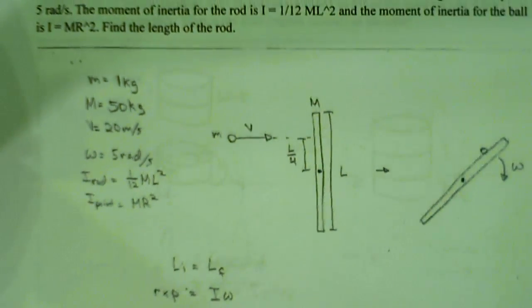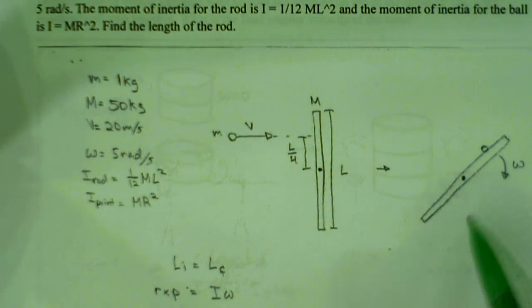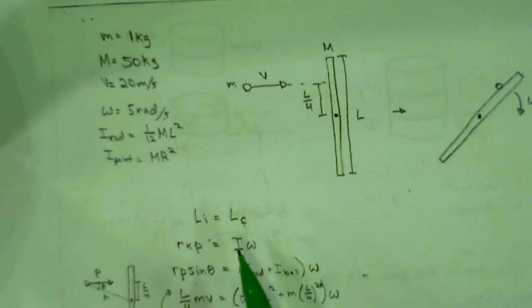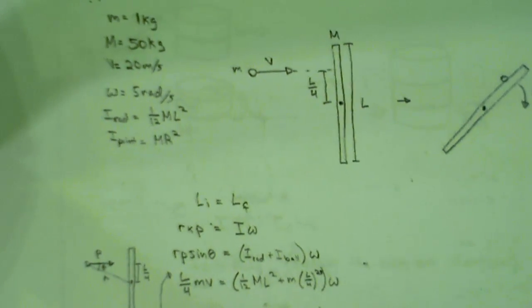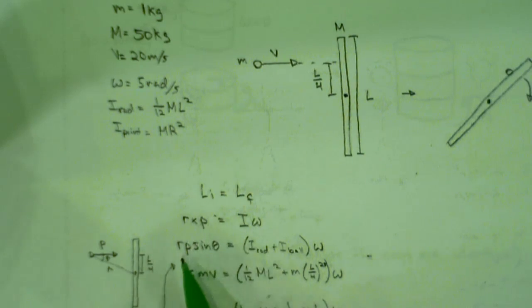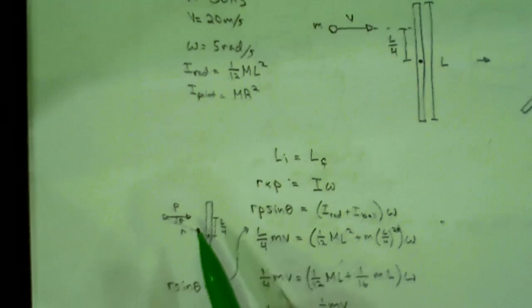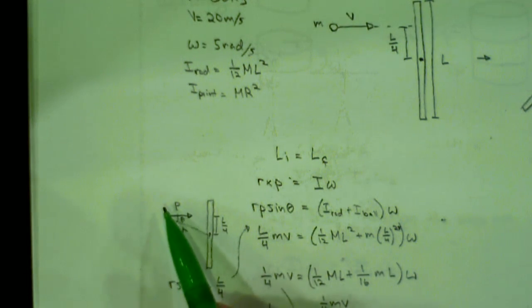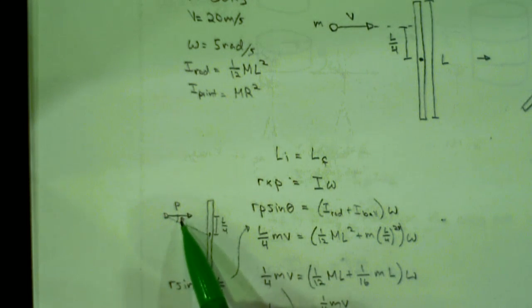Now when we look at the final, we're going to have the rod spinning at a rate of omega with the ball attached to it, right? So we're going to use I omega for this, for the final. Okay? Now we can change r cross p to rp sine theta. And if we look at this diagram, r is the distance from the center of rotation to the ball, and then theta is the angle between r and p, so this theta.